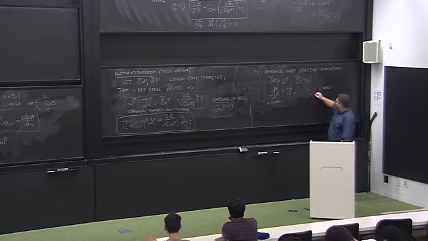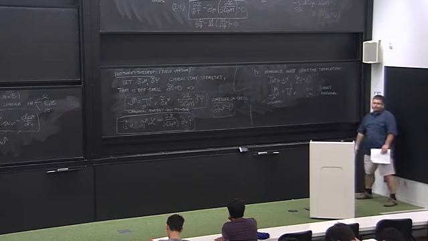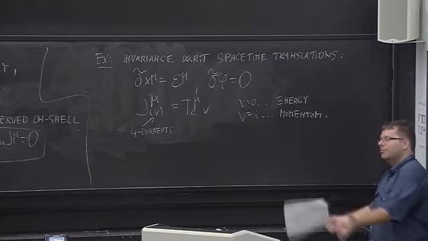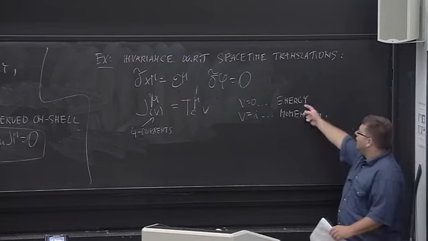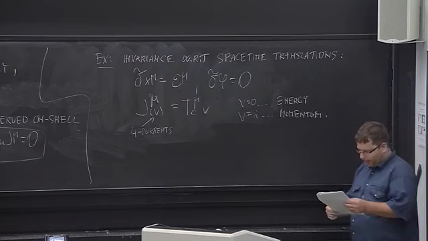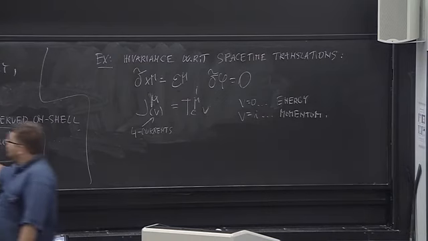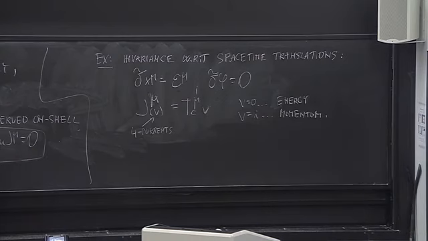And nu equal to i will give me that the momentum is conserved. Okay, and I have 4 conserved currents. That's why I have 4 conserved quantities, energy and momentum. Of course, what I'm saying here is that this will be only true on shell.